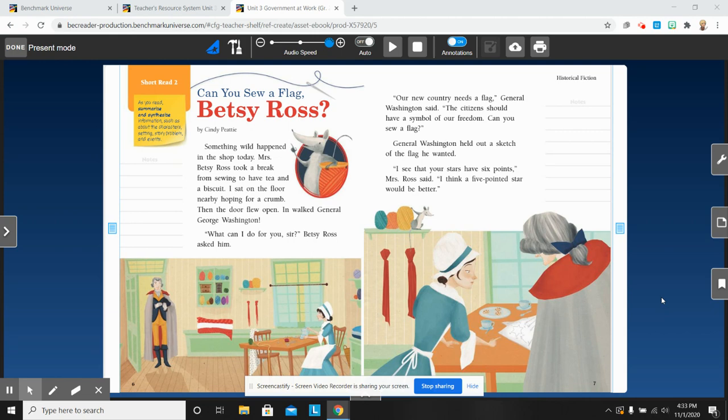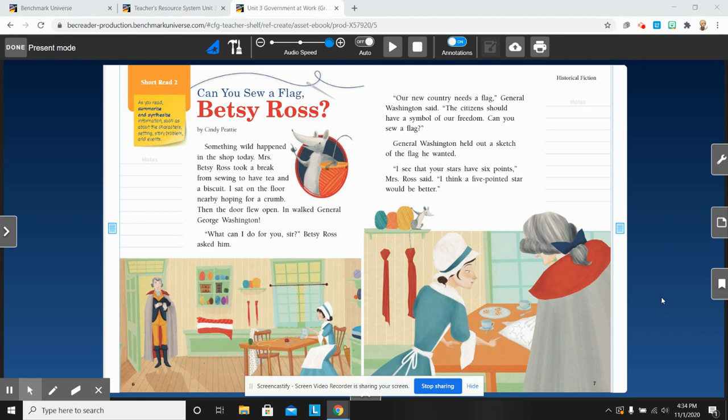And so sometimes if a character is telling a story, it will be told from their perspective or from their point of view. If the story were told by a different character, their perspective or their point of view might be a little different as to what happened, and that would change how the story is read or what happens in the story. So let's practice today as we read this story.